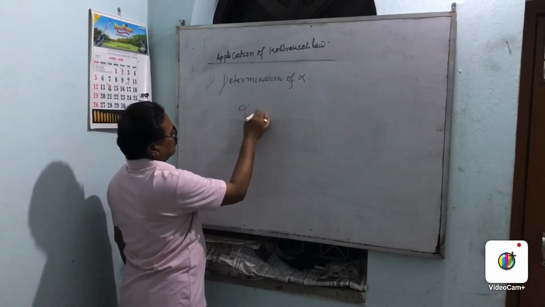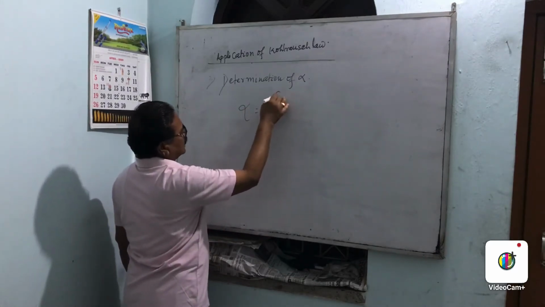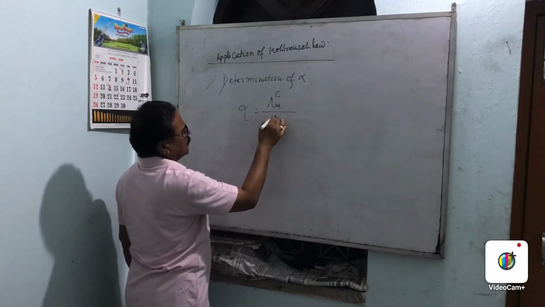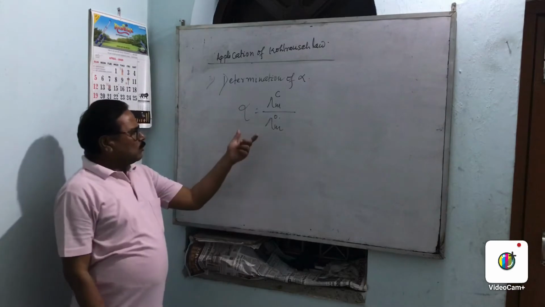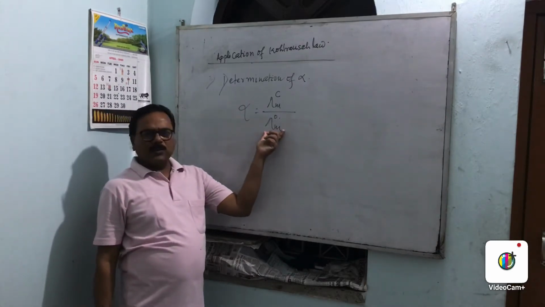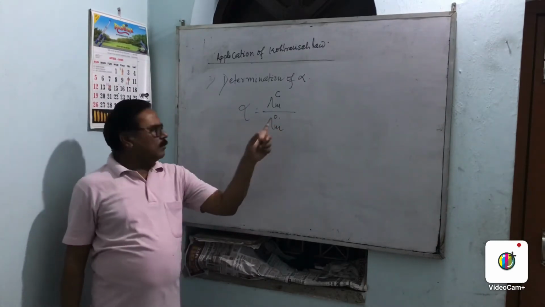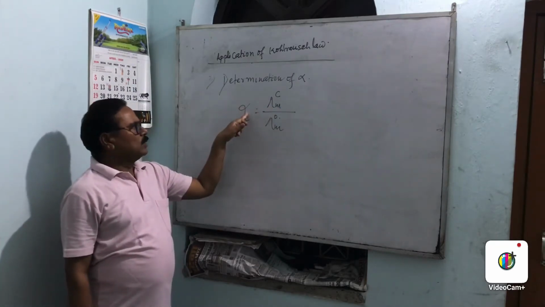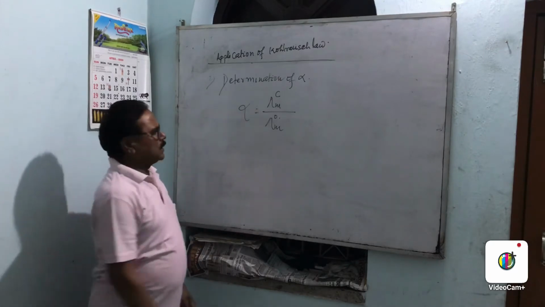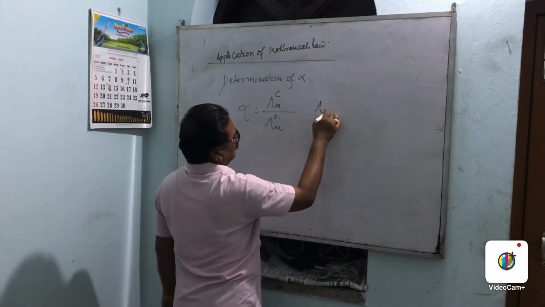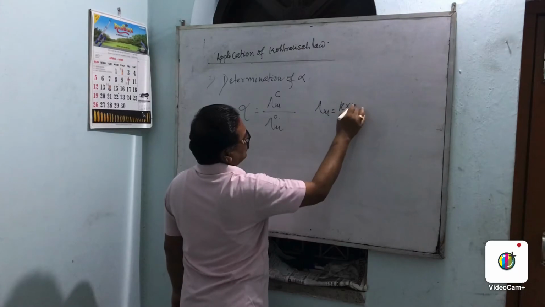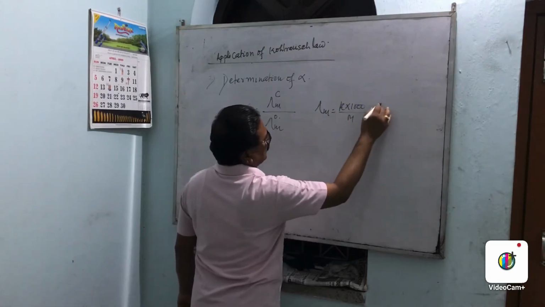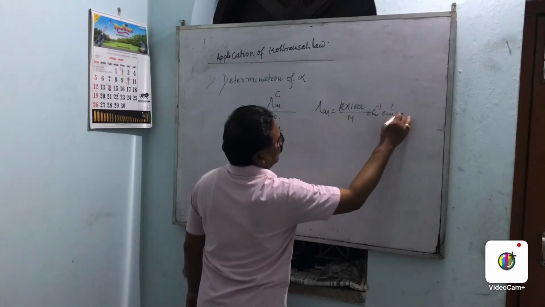So alpha is equal to the molar conductivity at a given concentration divided by the molar conductivity at infinite dilution. The molar conductivity at infinite dilution can be calculated by Kohlrausch's law, and we put in the value, or it can be calculated with the help of lambda equals kappa into 1000 by M, in ohm inverse centimeter square mole inverse.